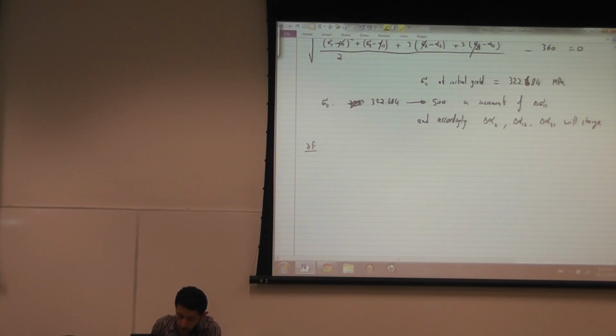Partial f by partial sigma 1, delta sigma 1, plus partial f by partial alpha 1, delta alpha 1, at constant size of the yield surface.